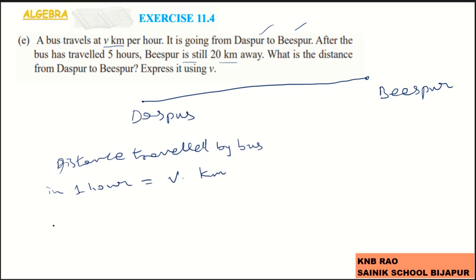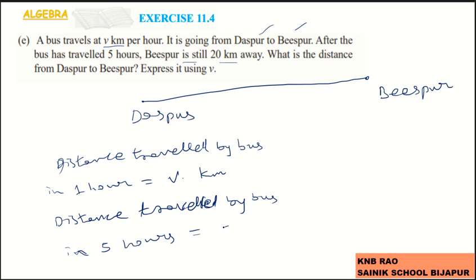So obviously the distance traveled by the bus in 5 hours will be 5 into v kilometers.